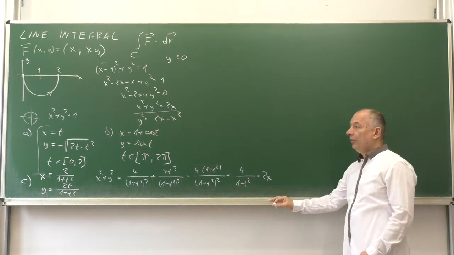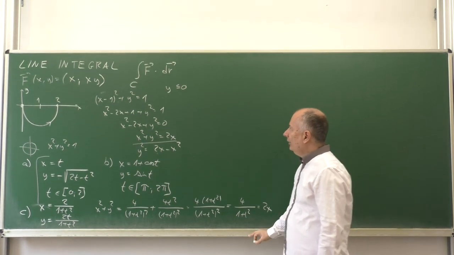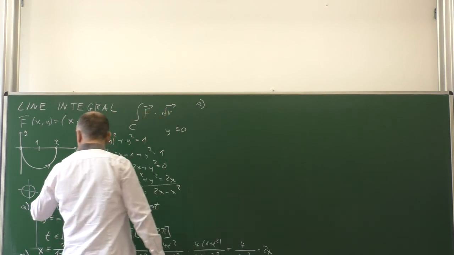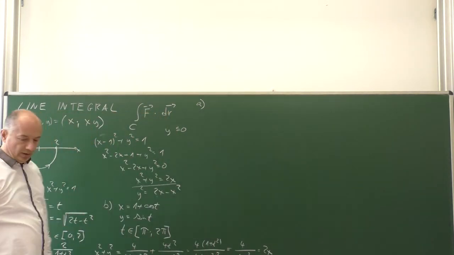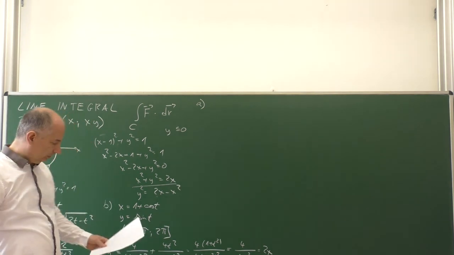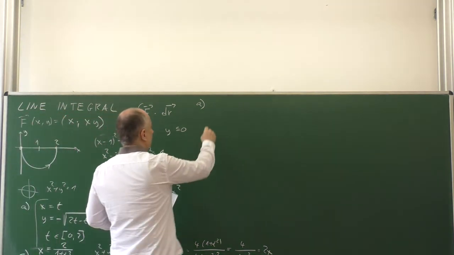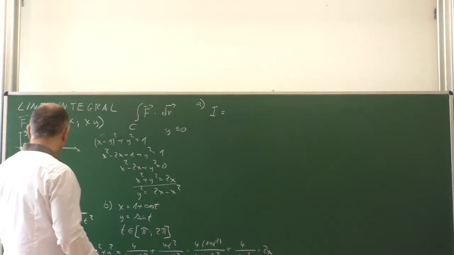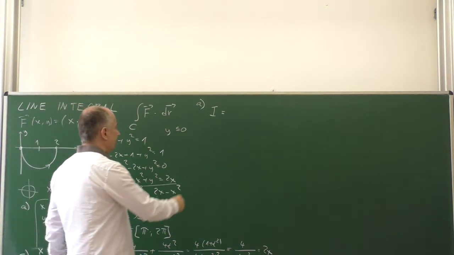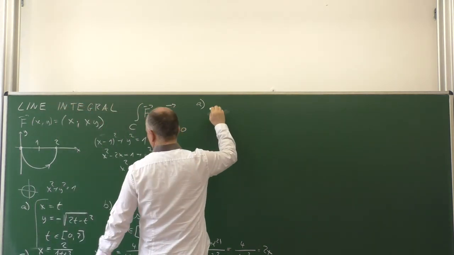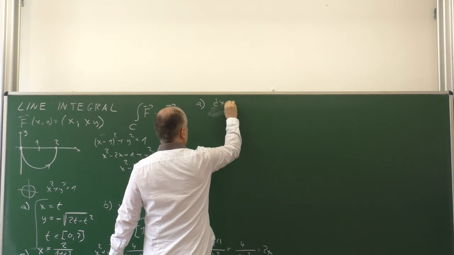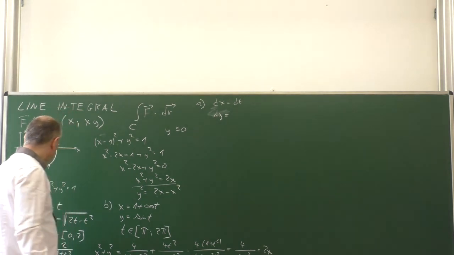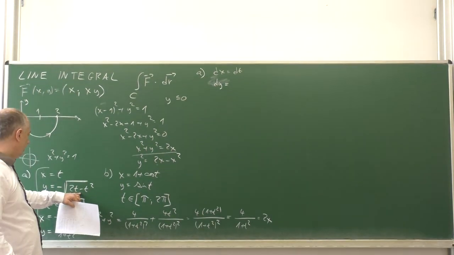Okay, let us use these 3 parametrizations to evaluate this integral. So using the parametrization with the square root, where x is equal to the parameter, we will prepare the differentials. dx is dt, and dy is the derivative of this function times dt.